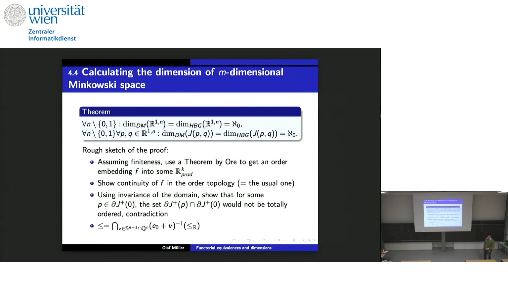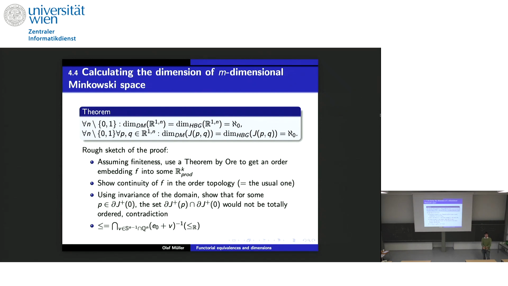Then we show continuity of F in this order topology, which coincides with the usual topology on R^n. And then, what's the main difference between the orders in those product order spaces and in the usual Minkowski spaces?